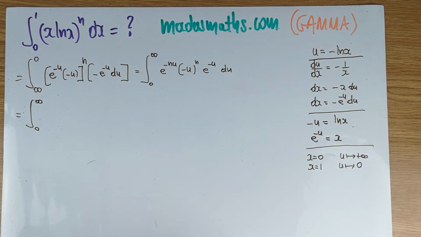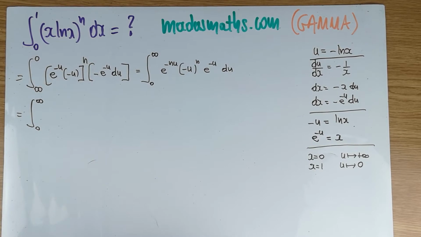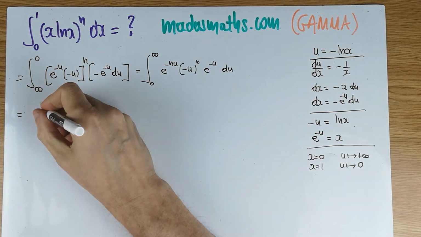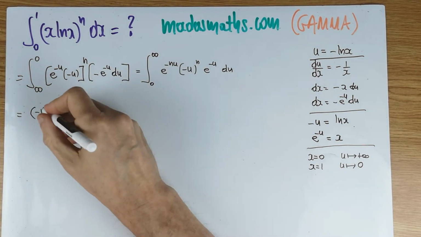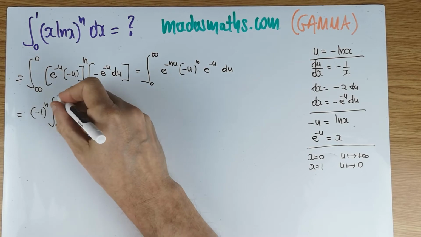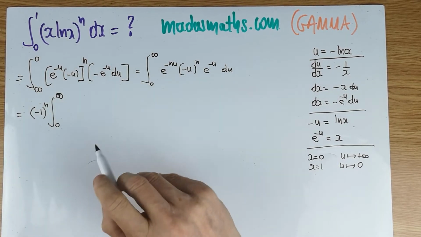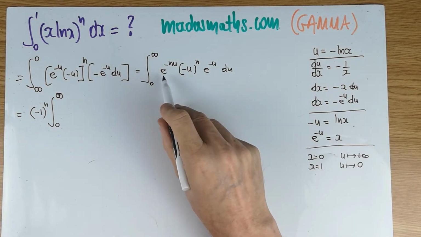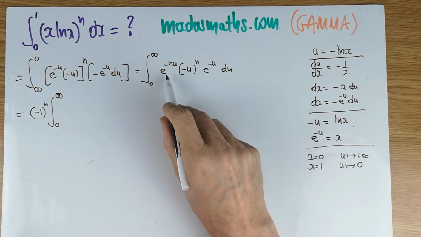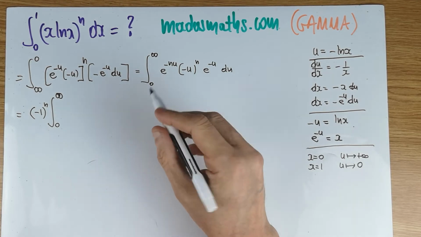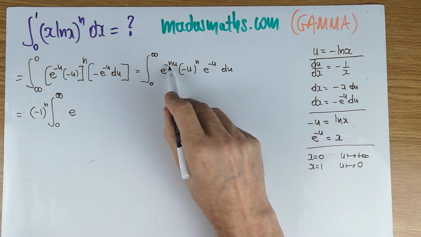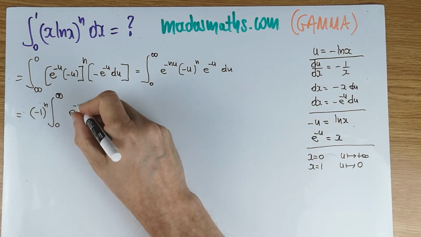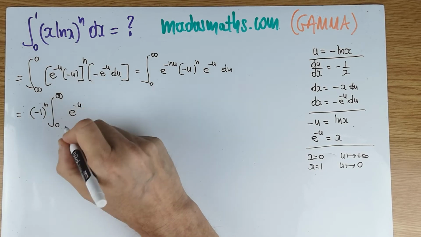Next step, this minus is annoying me, so I'm going to pull it outside the integral. So minus 1 to the power of n. That's the minus from here. And at the same time, I can put the two exponentials together. So this will give me e to the, we've got minus nu and minus u, both with minus. Put the minus outside and factorize the u.